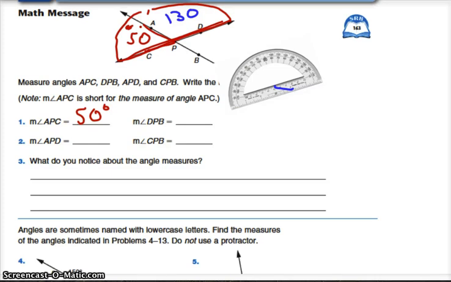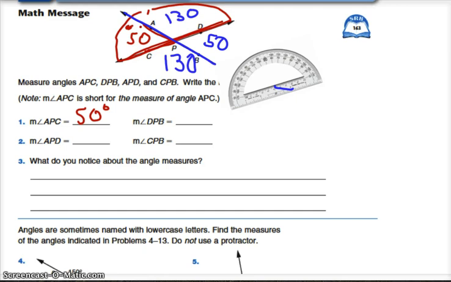So now we can carry this into the next one. If this line, if part of it is 130, then what do you think is the other part? Well, you're right, it would be 50. And we can see the bottom here is going to be 130. So those numbers you'll plug in, and that's a very simple way.